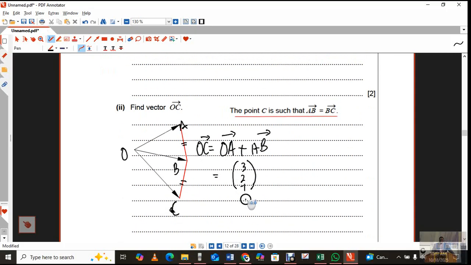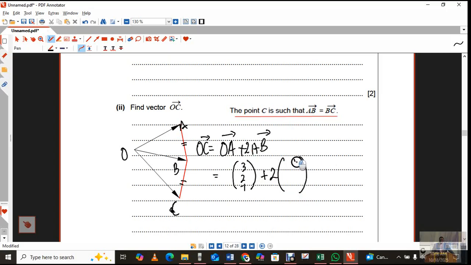And AB, from the answer that we had, we have to multiply it 2 times because we have to go from A to B to C. So that will be plus twice AB. Okay, twice AB. And what is AB?